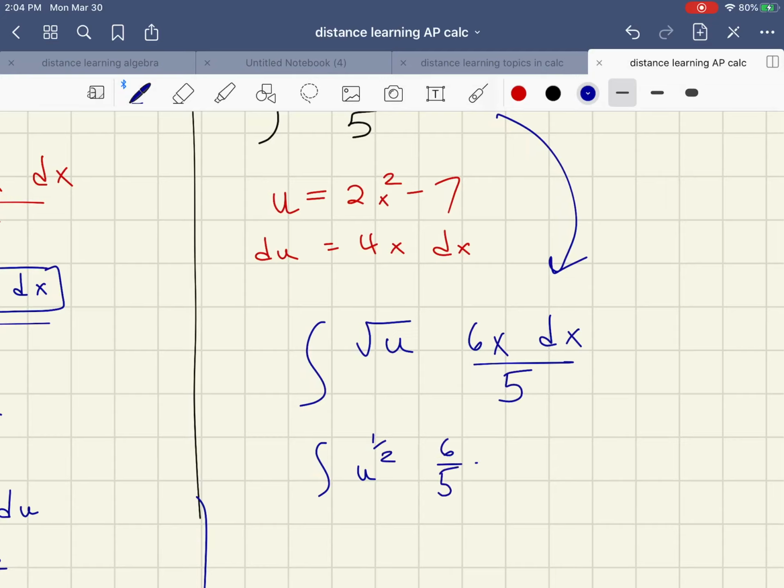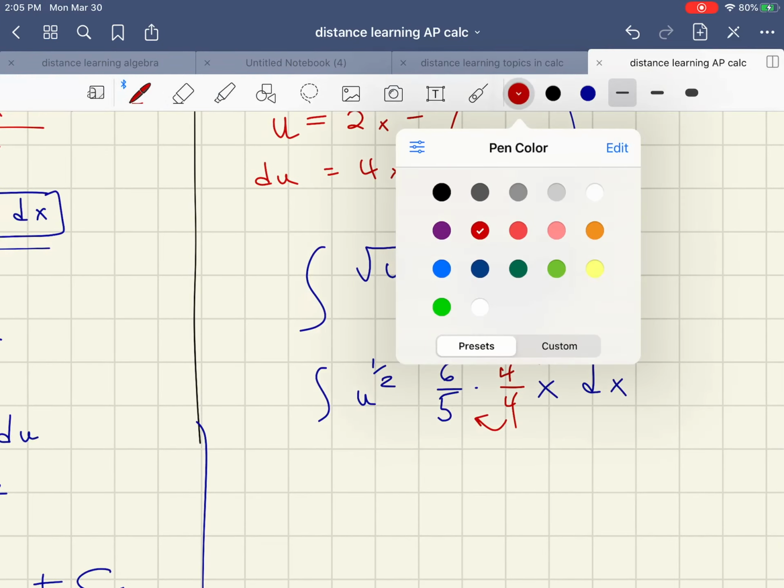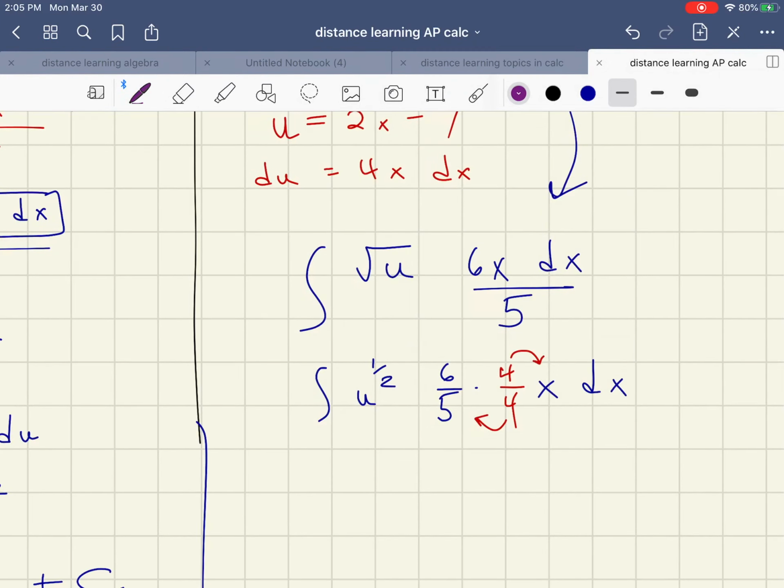6/5 times x dx. I need this to be a 4, call it 4 over 4. That 4 stays, this 4 goes. I'm going to do a little bit of reducing on the way. So this is 6 over 20, which is 3/10. Take it out, 3/10 outside. U to the half here, and this becomes du.